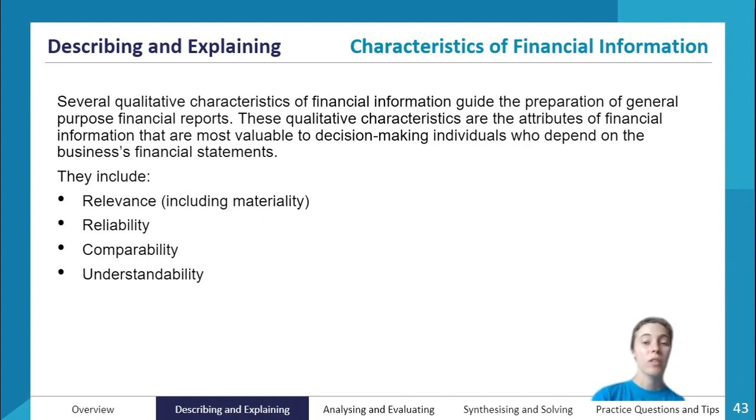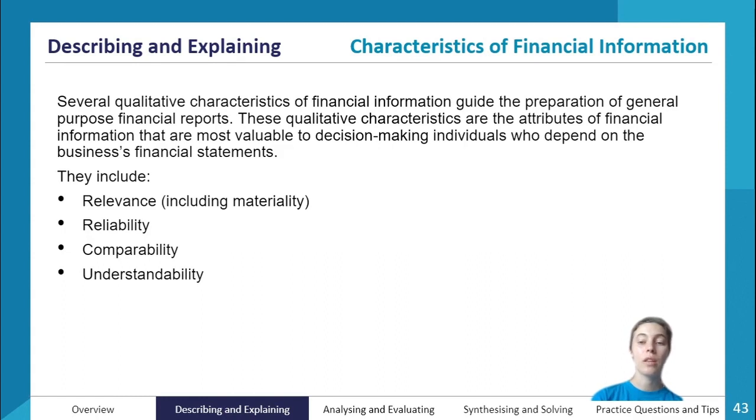Okay, so characteristics of financial information. So there's several qualitative characteristics that guide the preparation of general purpose financial statements, like our profit or loss, financial position, and cash flows statements.